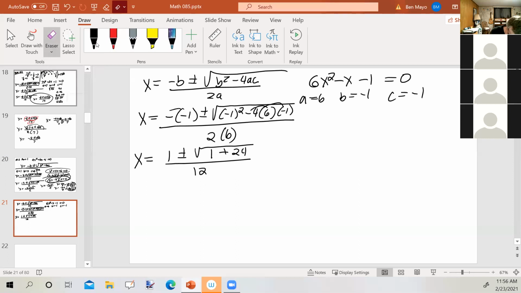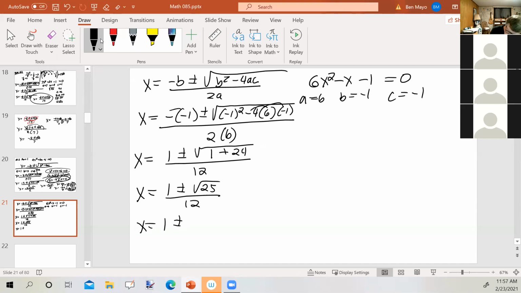So then x equals 1 plus or minus the square root of 1 plus 24 is 25 all over 12. So then x equals 1 plus or minus the square root of 25 is 5 over 12.